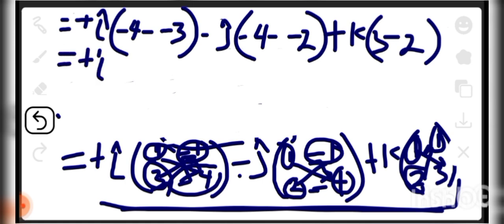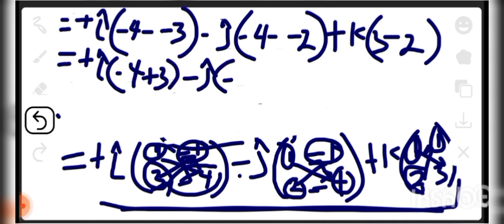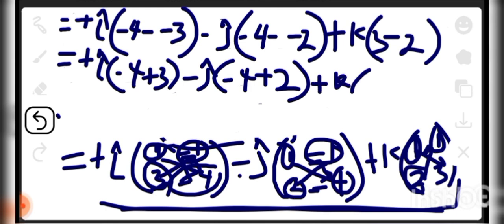Plus i, minus 4 minus 1 will give us plus 3. Minus j, minus 4 minus minus 2, that's plus 2, minus is plus. Then plus k, 3 minus 2, that's 1.